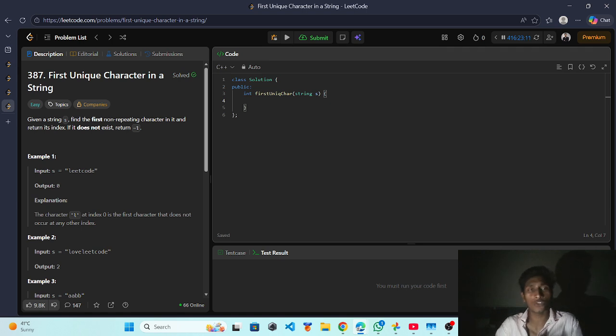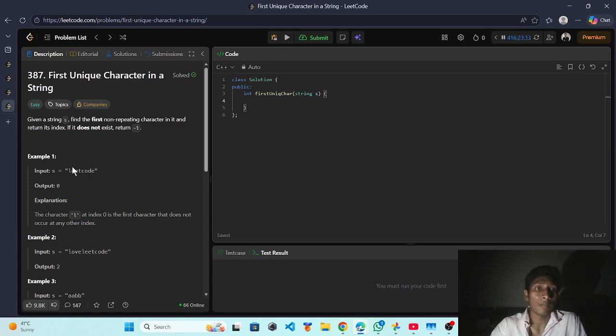First of all, we will understand very deeply what the question wants to tell us. In the question we are given a string s. Find the first non-repeating character in it and return its index.